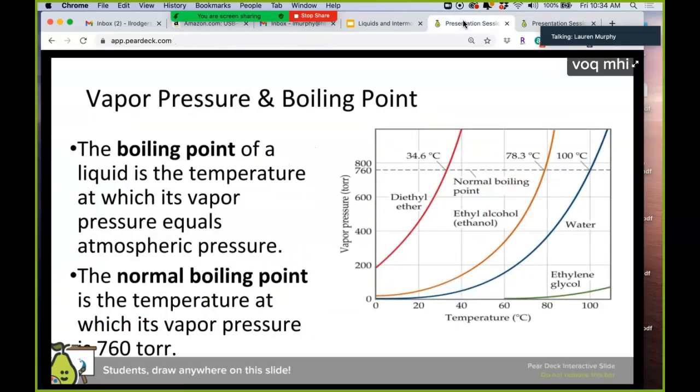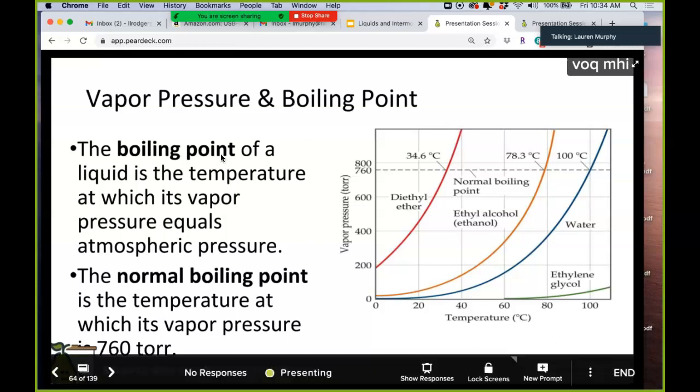Now, this is what I was trying to do, and I mixed up the slides. So again, this directly correlates to boiling point. We're going to focus on diethyl ether, ethanol, and water. I'll draw diethyl ether for you, but will you please draw ethanol and water really quickly?